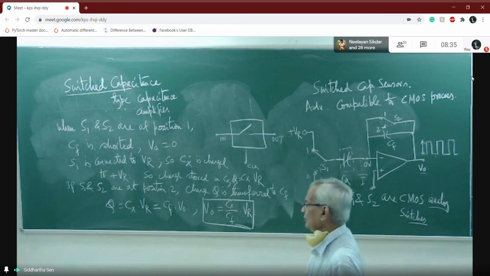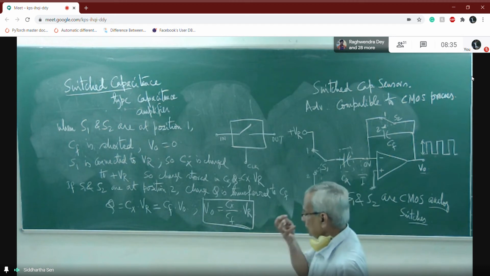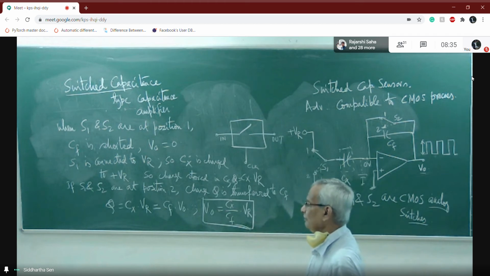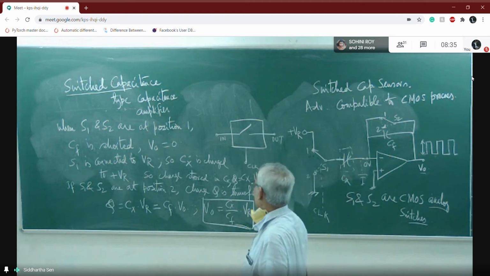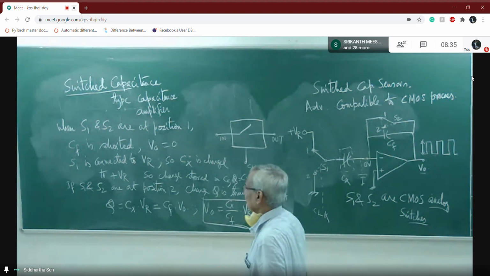So all filter circuits are basically switch capacitance ones. And the major advantage is that the resistances are not there. They are replaced by the switch capacitance. And that reduces the power consumption and heat loss in the IC. Okay. So these are the major types of circuits and schemes I have shown, but there are quite a few more. I am not going into those complexities now.